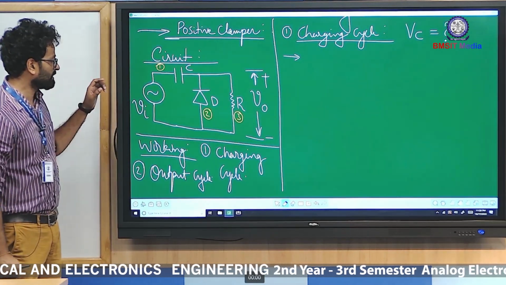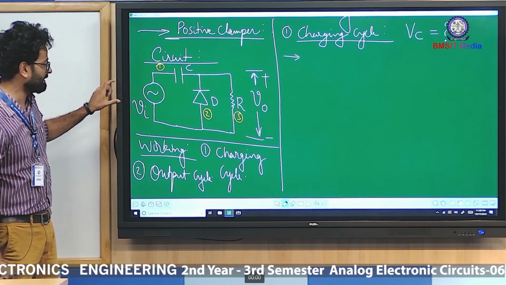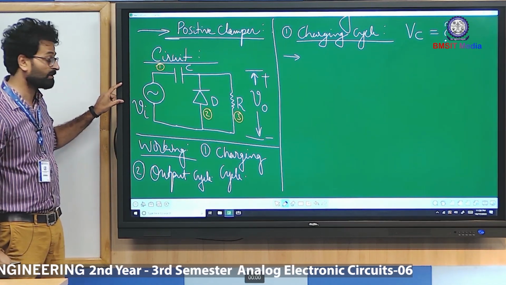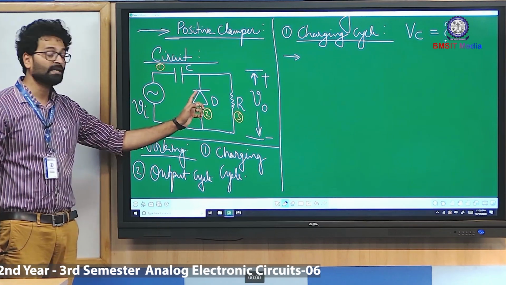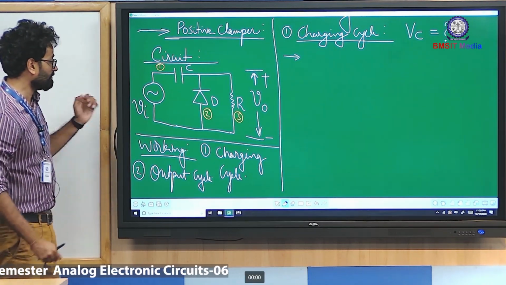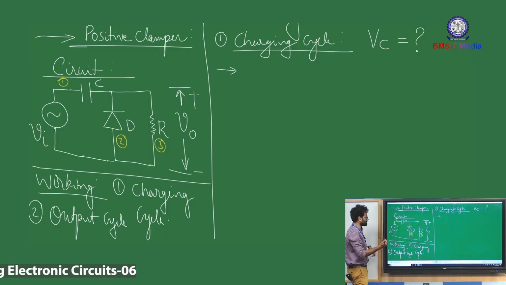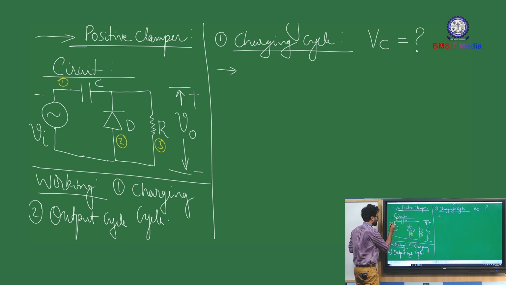Charging cycle, as in you have to identify the half cycle of the input that will forward bias the diode D. If you look at this particular circuit, you can clearly observe that if you consider the very first negative half cycle of Vi, the positive terminal of Vi is connected to the anode terminal of the diode.